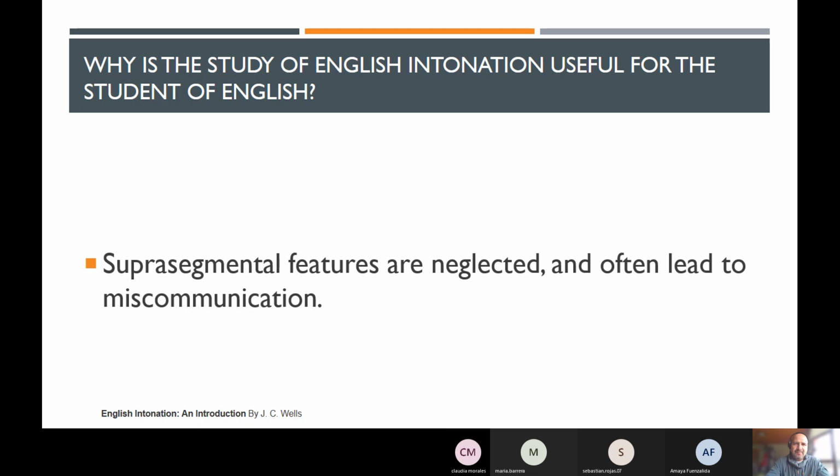For example, someone from China or someone from Russia, and they are all applying their own intonation systems onto English when they are speaking. So we Latin Americans, we speak Spanish, and we apply sometimes the intonation system that we have in Spanish onto English.